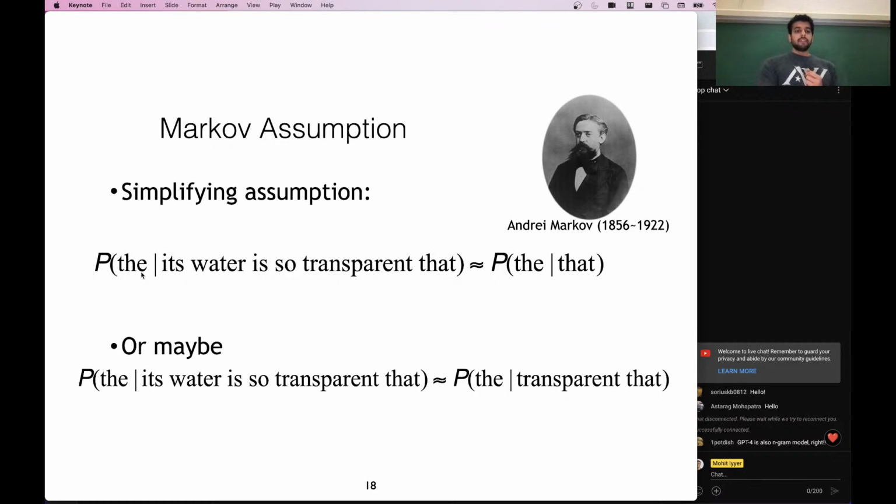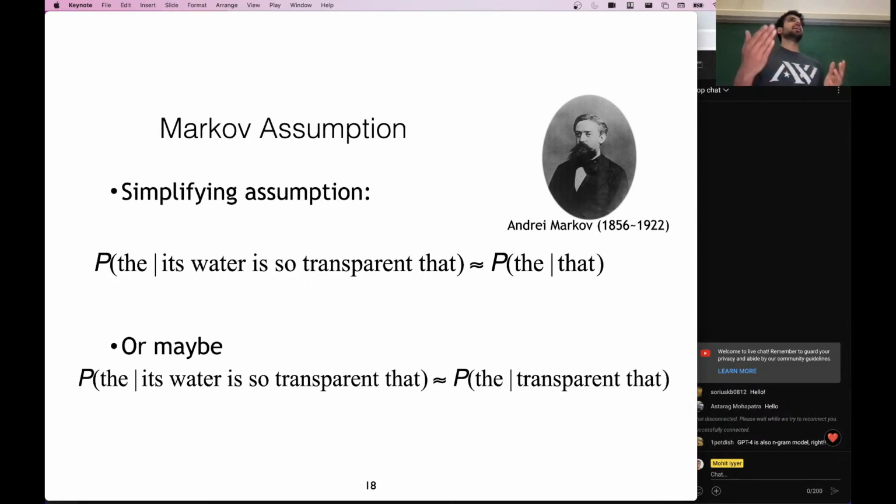So here, if I have the probability of the given its water is so transparent that, the bigram assumption simplifies this probability to the probability of the given that, the very last word in this context. So we're chopping off all of this, its water is so transparent, but in return for removing all of this information, we are getting a better estimate because we have more occurrences of that than we do of its water is so transparent that, right?